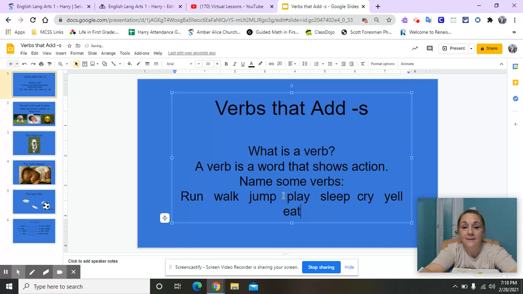Eat. We have the word drive, roll, and let's think of one more. One more verb that we know is talk. Talk is a good verb. So verbs are things that we do. Verbs show action. So run, walk, jump, play, sleep, cry, yell, eat, drive, roll, and talk are all verbs.